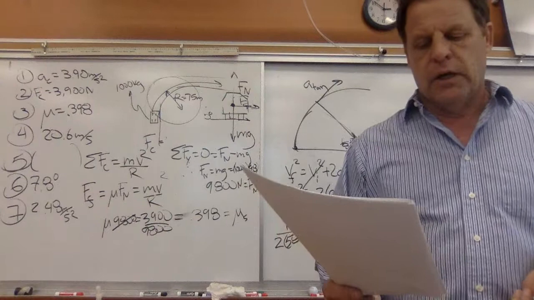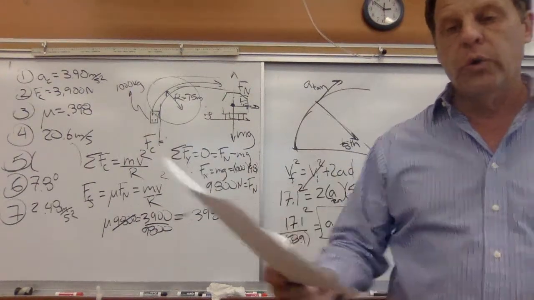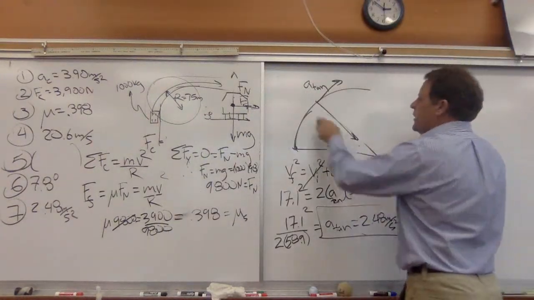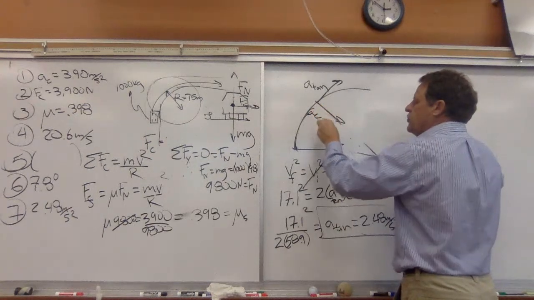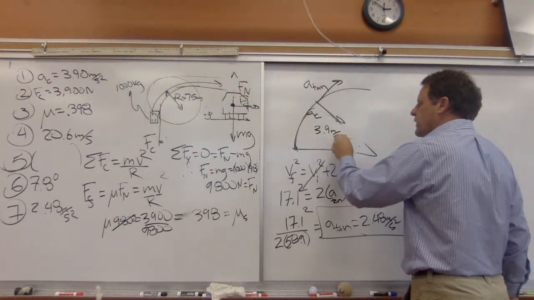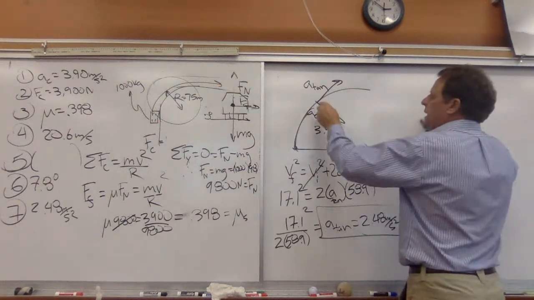Okay. Now, question number 8, from question 7, what is the magnitude of the total acceleration? Remember that we already knew that this acceleration towards the center was 3.9 meters per second squared from the very first answer.